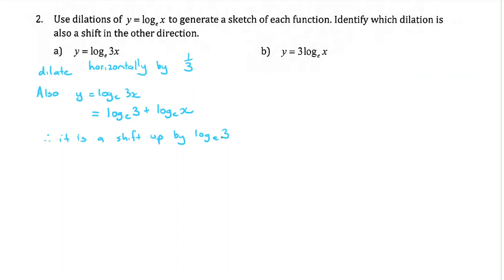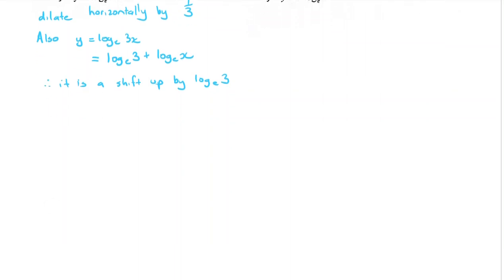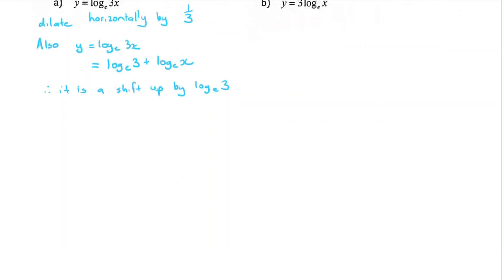That's a little bit easier sometimes to think of than dilating. Okay, so that does not move my asymptote, which will still be at x equals 0. So vertical asymptote x equals 0.